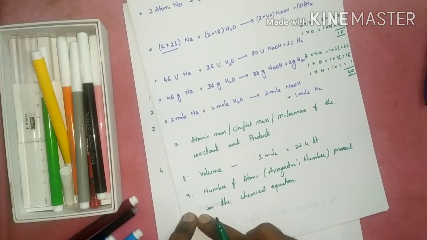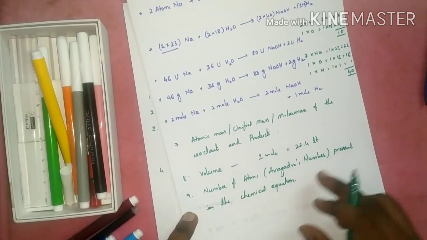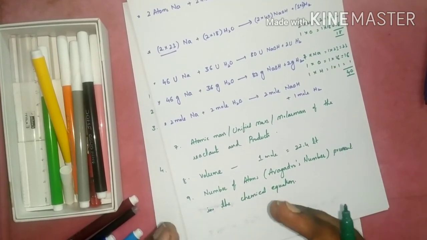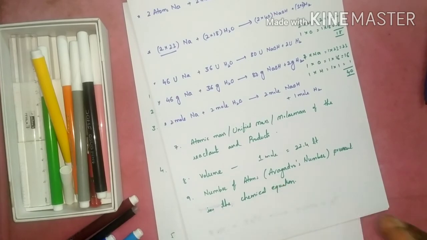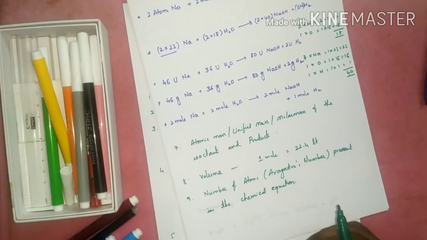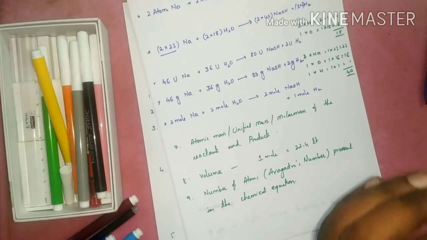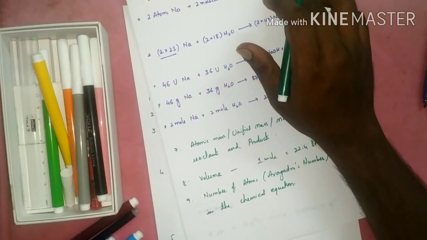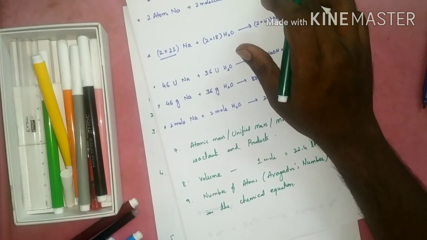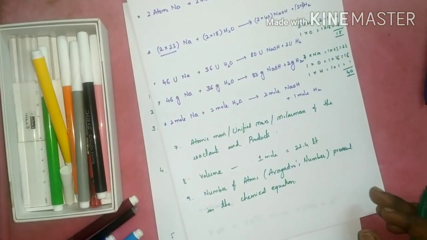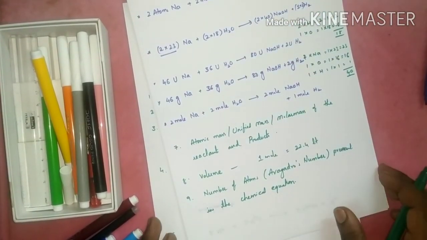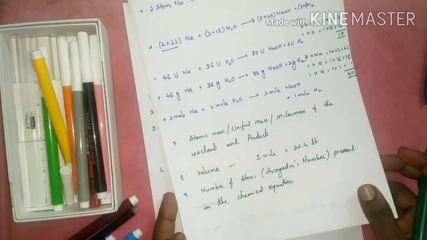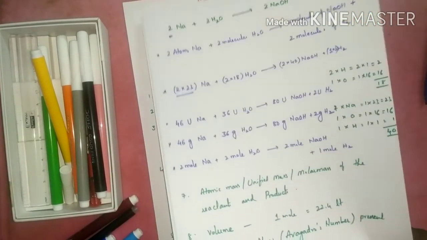It also can say the number of atoms present in the chemical equation. If you have taken sodium, how many atoms of sodium are there? How many molecules of water? How many molecules of sodium hydroxide? How many molecules of hydrogen? Or how many atoms of hydrogen? So in such a way, we get a lot of information from a chemical equation.